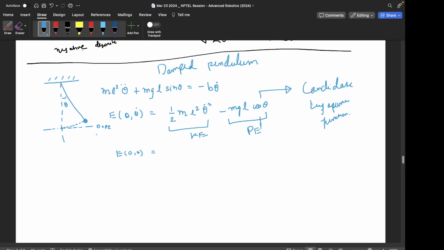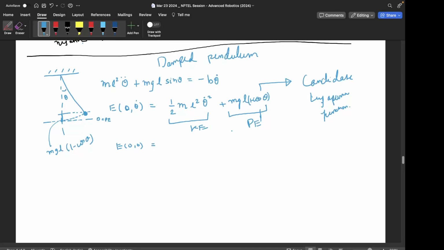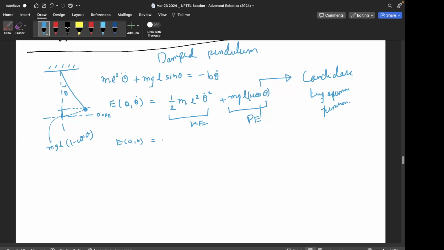If we write from this point, the potential energy is mgl(1 minus cos theta). So let's write it like that. Now E(0,0) is 0.